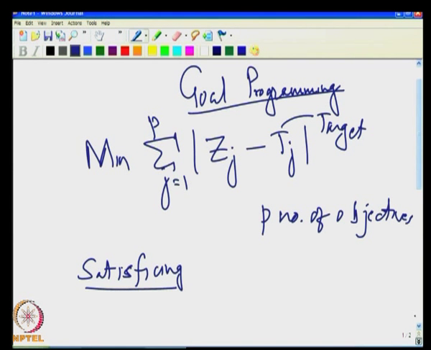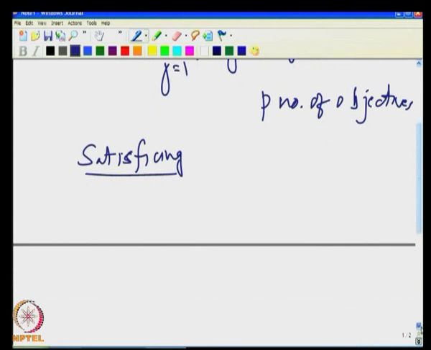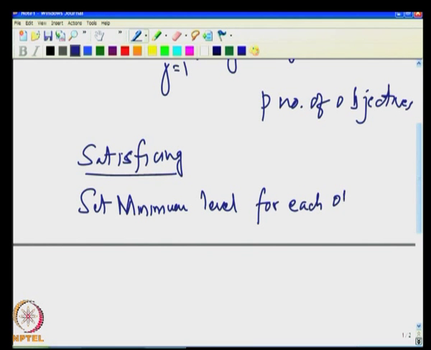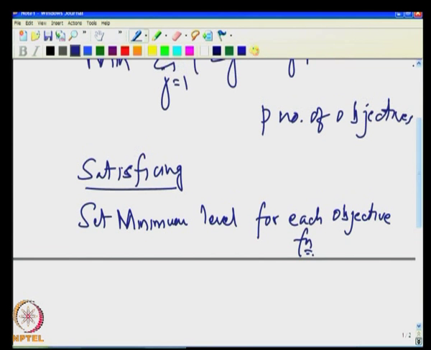Now, in this what we do is that we set minimum levels for each objective function, similar to what we did here.